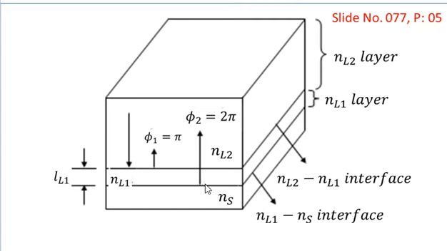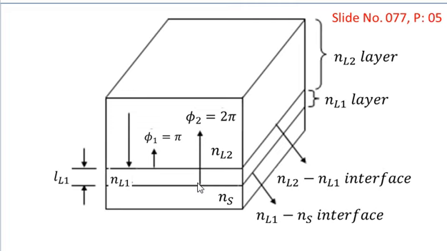It means that when the light hits the interface, that is the NL1 and NS interface, due to a greater refractive index beyond that region, a phase change of pi will occur. So a pi phase change will occur due to the interface, and a pi phase will also occur due to the light traveling in the region of length designated by small l with subscript capital L1.